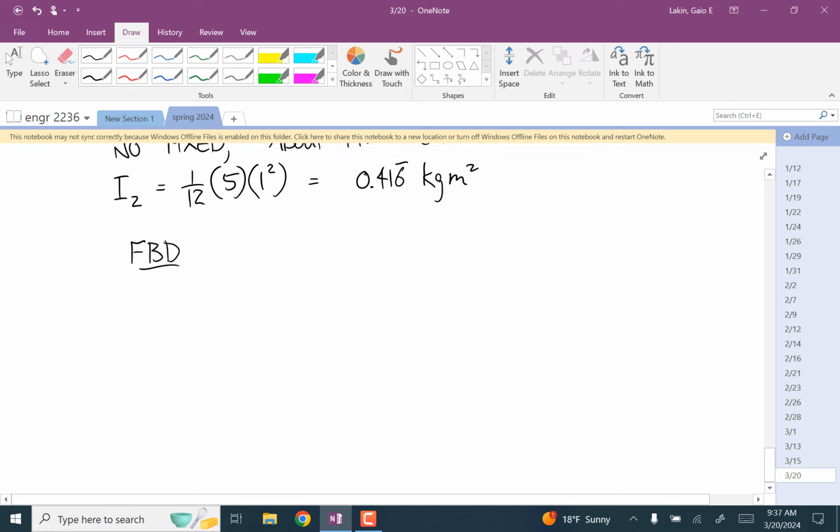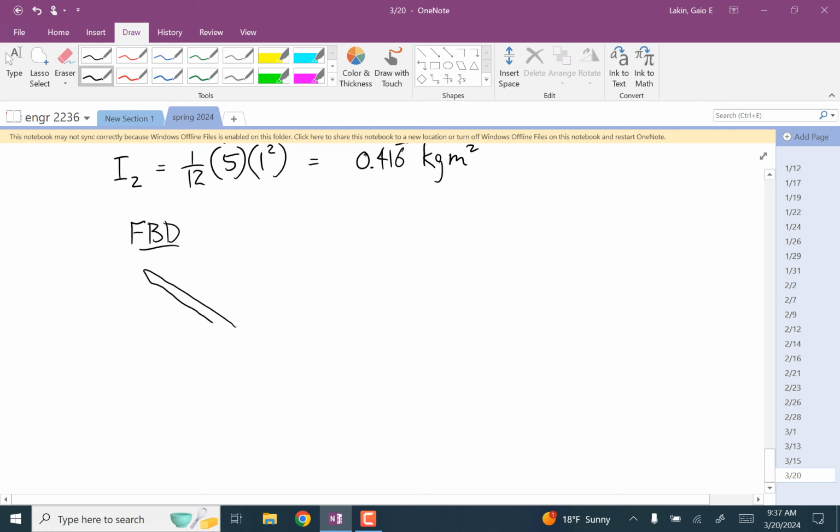Now the free body diagram. There's a weight force down from the center. That's 49.05. There's a contact force that's on body 2 by body 1. So you can write that as F21. But the whole point of this subscript notation is that Newton's third law says if you switch the subscripts, you just switch the signs.